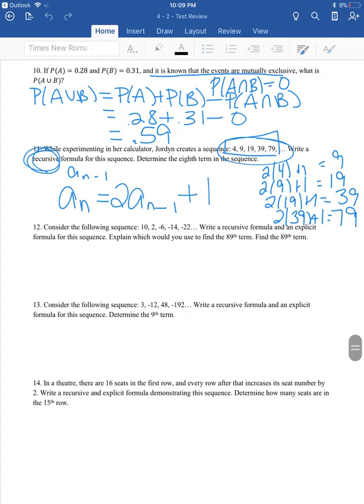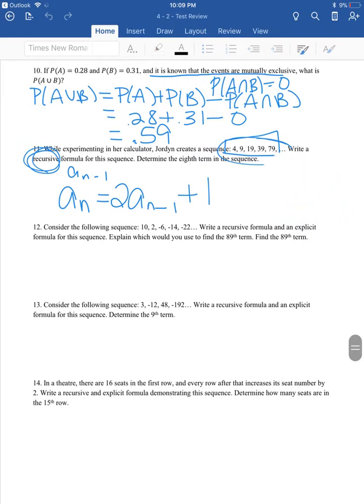Okay, so determine the 8th term in the sequence. So you actually have to go through and do this a whole bunch. So I'm going to erase this piece over here just so I have more room. So I have 1, 2, 3, I have 5, so I need A sub 6, which is 2 times 79 plus 1, which gives me 159.